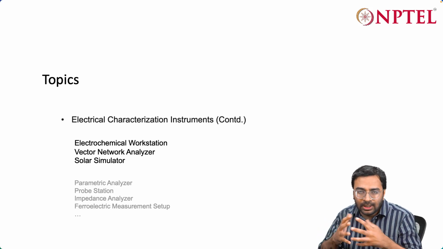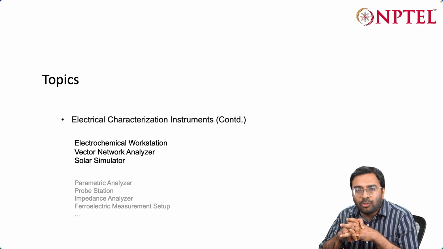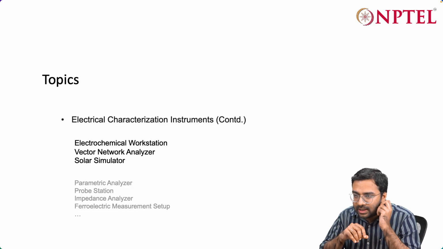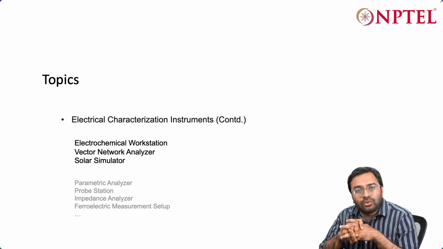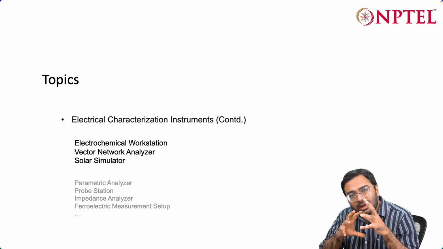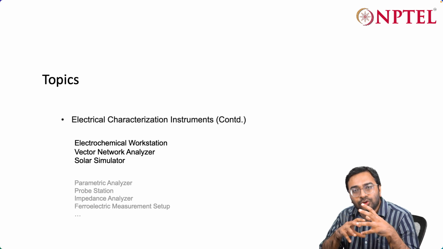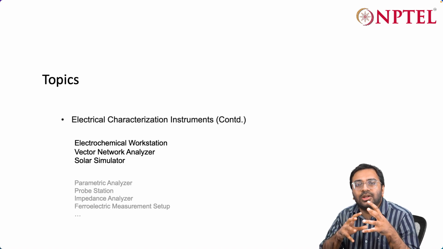It depends on the model that you purchase and how you want to customize the instrument. So you will find other types of vector network analyzer also, but the purpose of showing this instrument is to show you how we can use it.